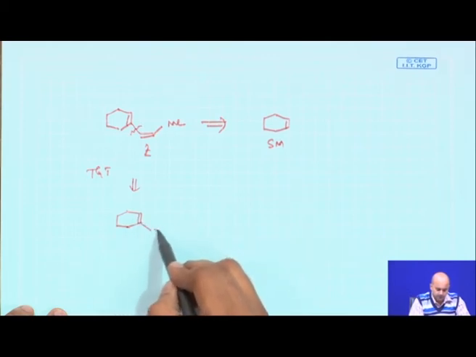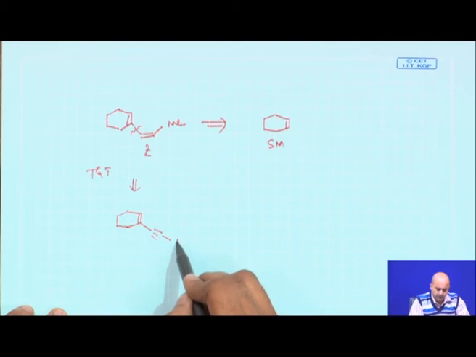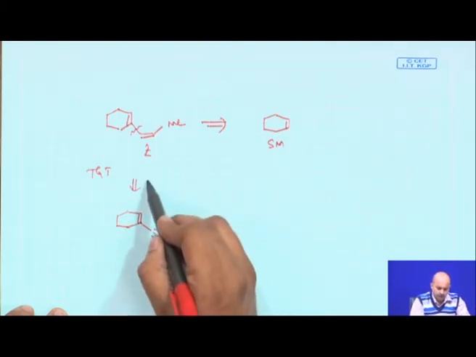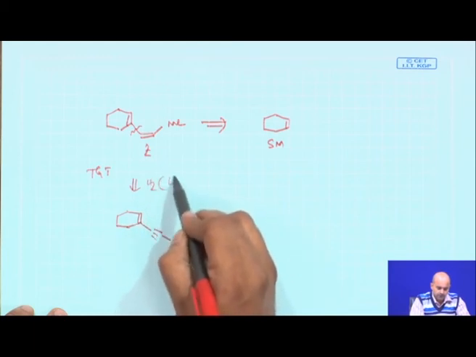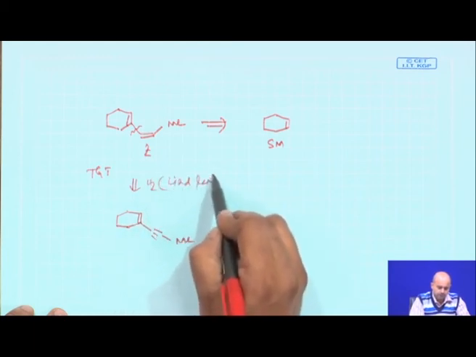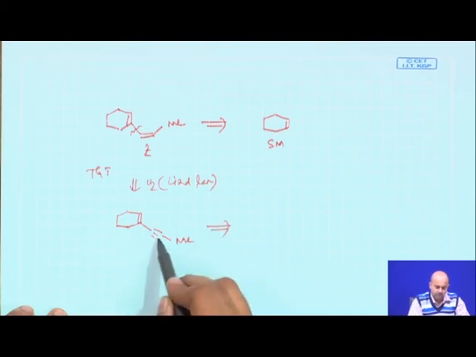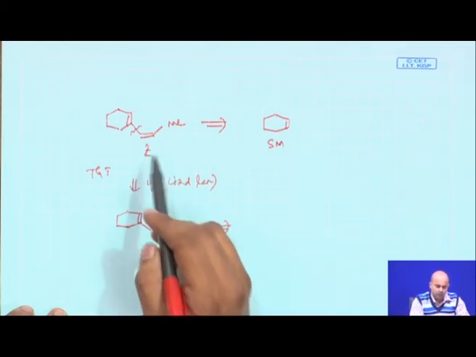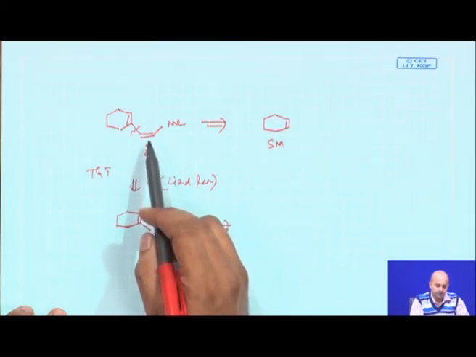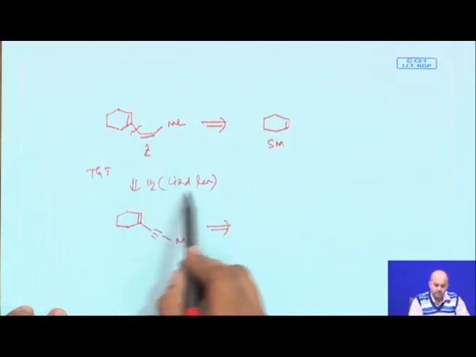If you have a compound like this, okay, you can basically do a hydrogenation with Lindlar catalyst. So, this appendage, now how can you introduce it? An alkyne appendage can be converted to an olefinic appendage by hydrogenation.